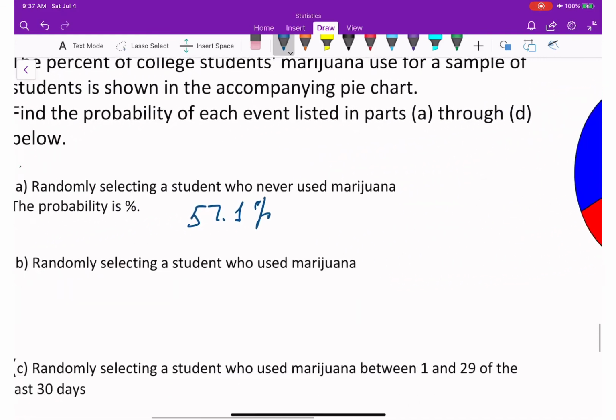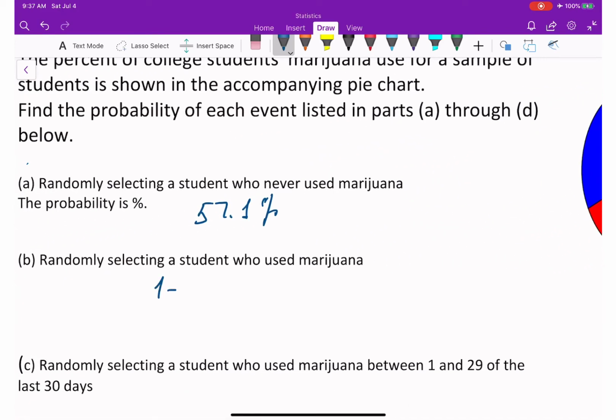Therefore, I do 1 minus 57.1 and I get the percentage of people who used it: 42.9.